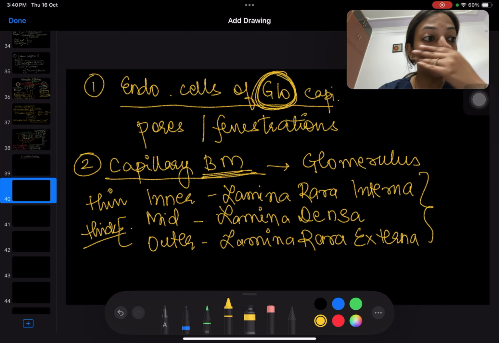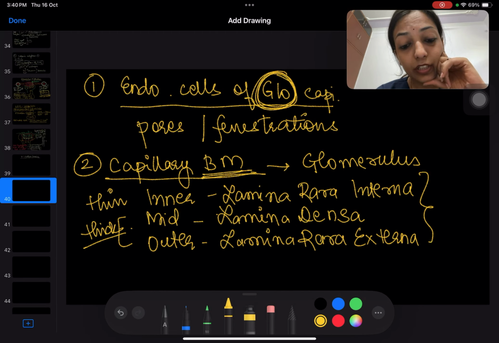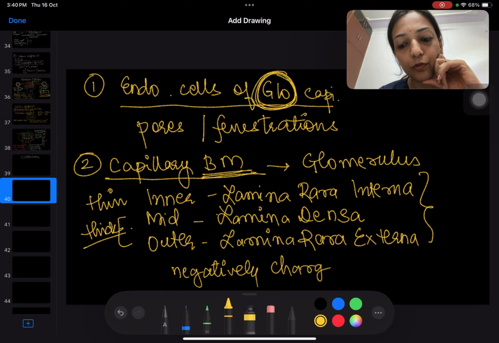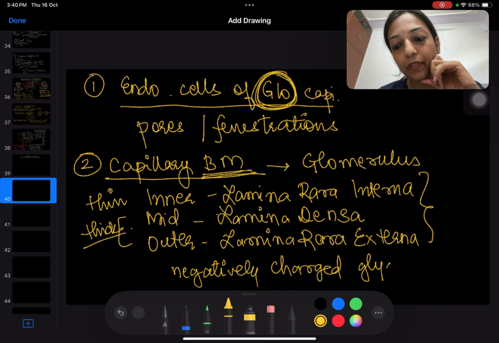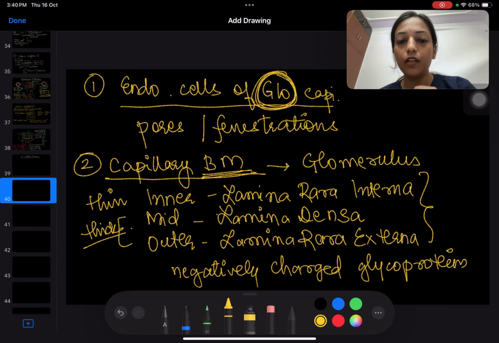Now this was the second one. These have negatively charged glycoproteins, this is what we need to know here. I hope we understand. So the endothelial cells do not have the negatively charged glycoprotein. The negative repulsion comes from which layer?